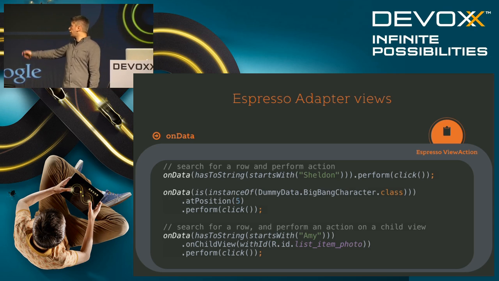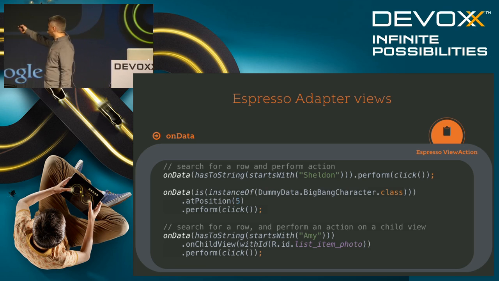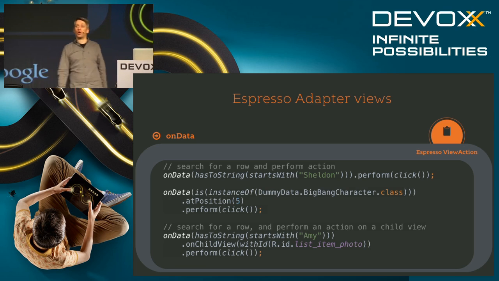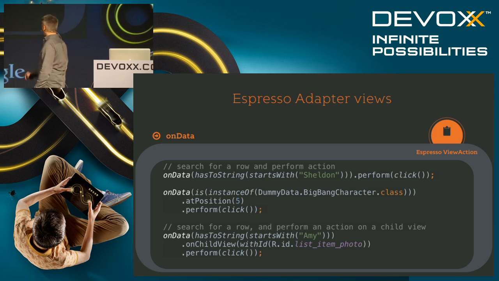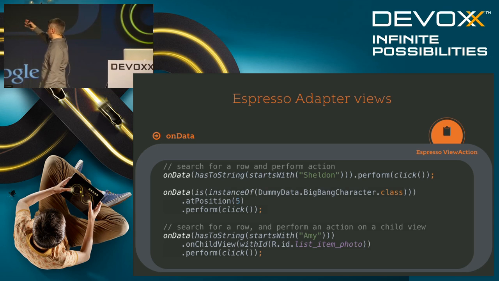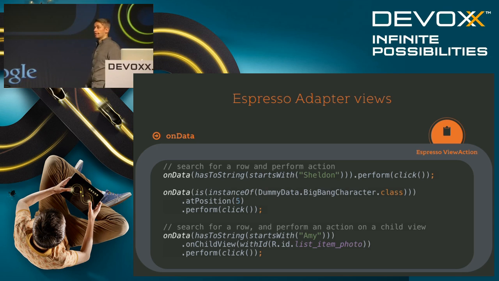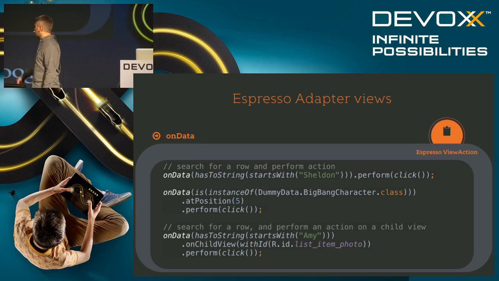So onData has, and then the toString for that one will start with Sheldon. I want to perform a click. So very simple. You can go quite a lot further, like onData is instanceOf, an instance of one of my Big Bang characters.